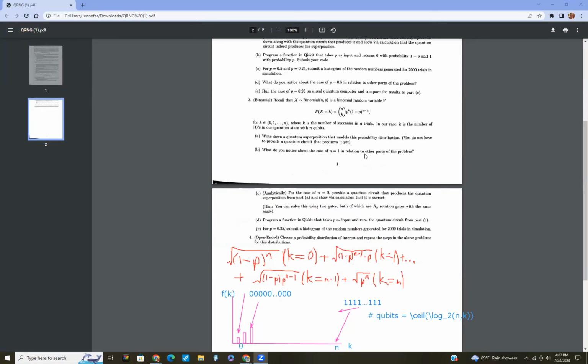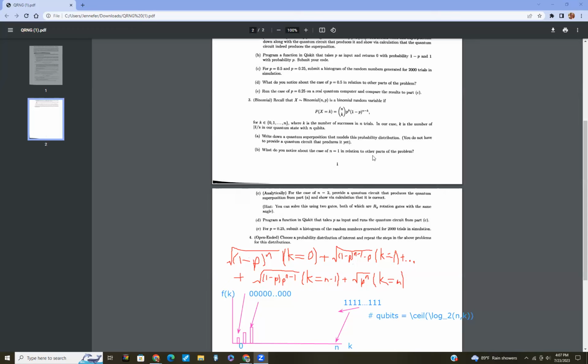In this case, I create more of a general format with n being equal to 1, and for each of the n qubits, you would apply an RY rotation of 2 times arcsine of the square root of p.